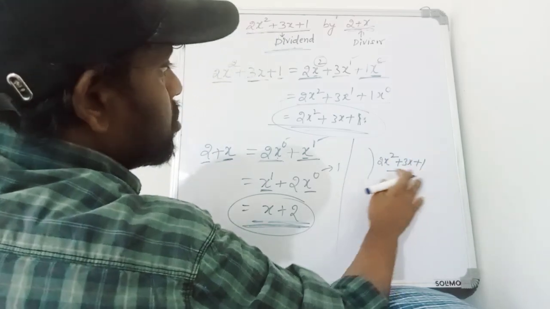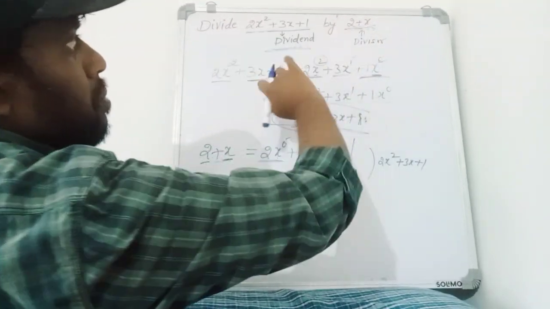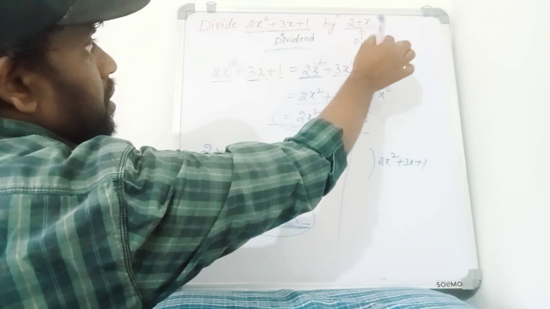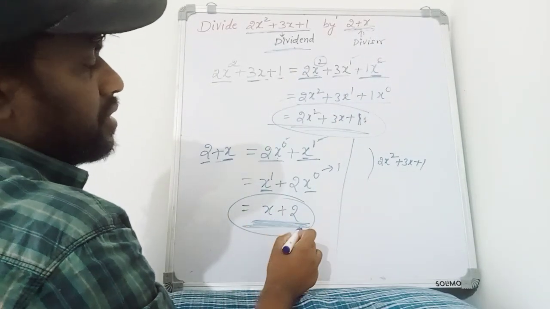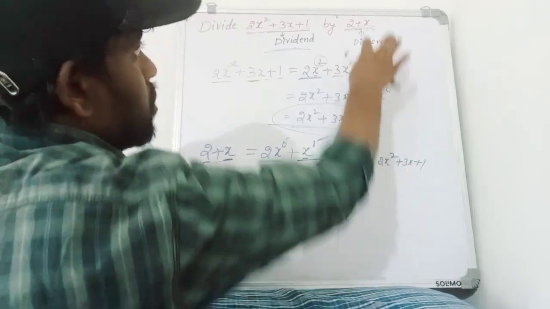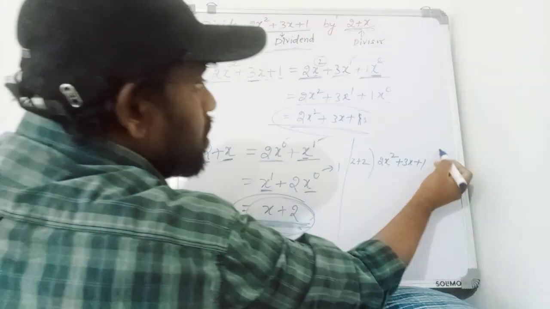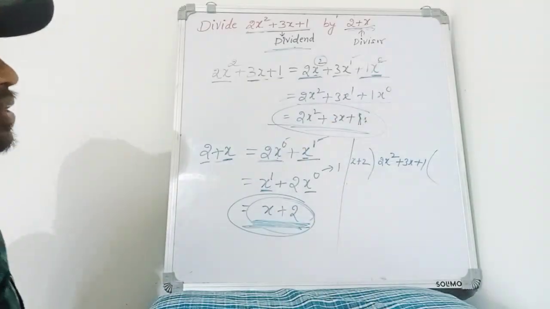This is the dividend. Next, the divisor we have to write. Don't write 2 plus x. When we write it in decreasing order of powers of x, we get x plus 2. This x plus 2 you have to write here, not 2 plus x. Now we have to continue the division process. I will show now.